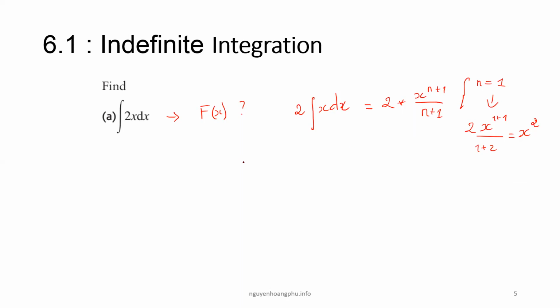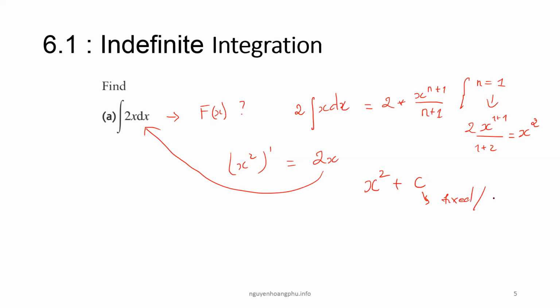So when we take the derivative of x squared, the derivative is going to equal 2x, right? 2x here. But if I have here x squared plus maybe c, where c is a constant, fixed or constant.